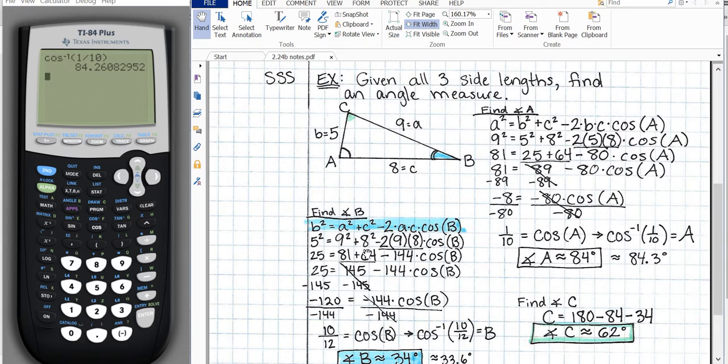Square the 9, square the 8, combine, multiply these here. 2 times 9 times 8. Do not subtract the 144 from the 145. Don't do it. But yes, subtract 145 from both sides of the equation to keep it balanced. We get negative 120 equals negative 144 times cosine of b. And then we almost have b by itself.